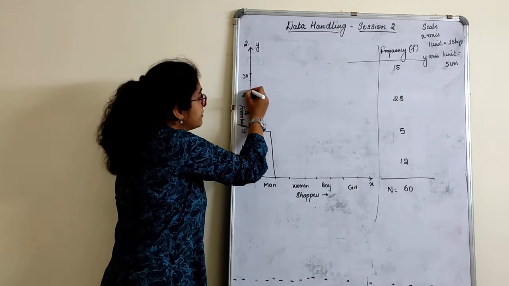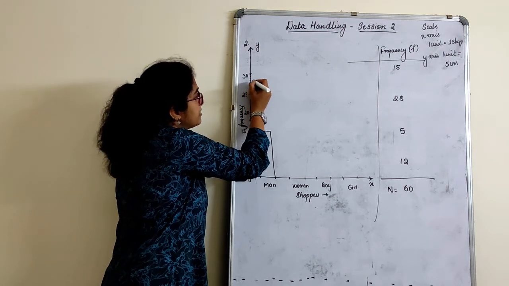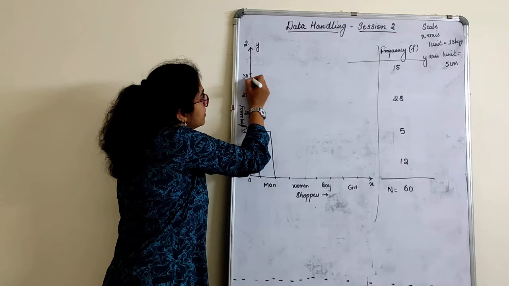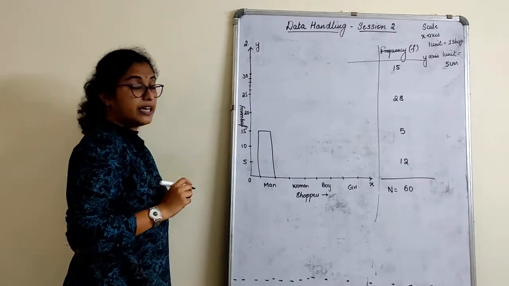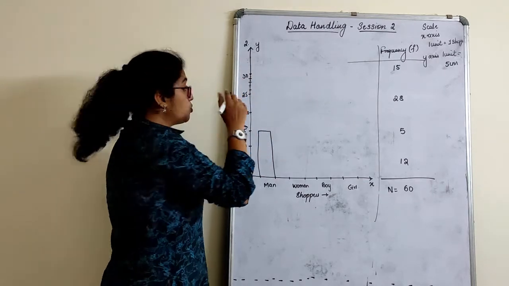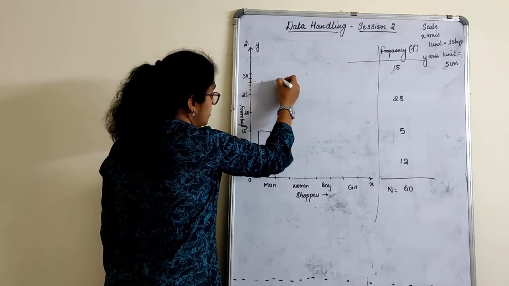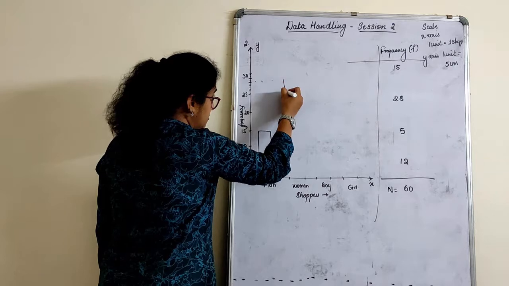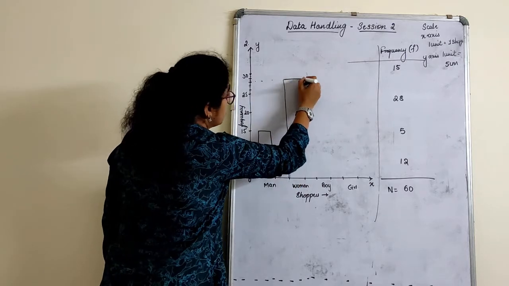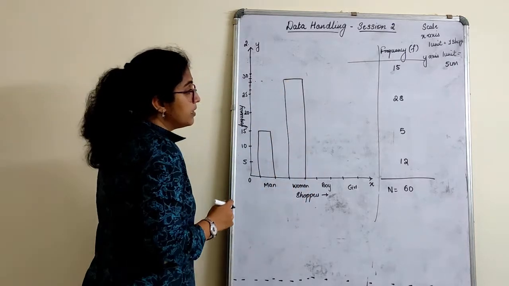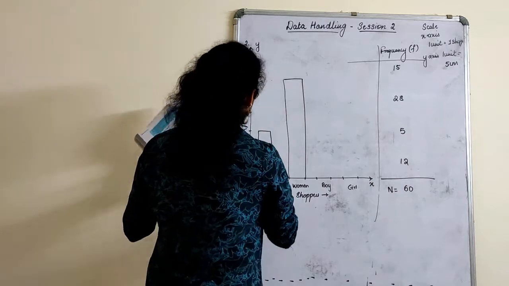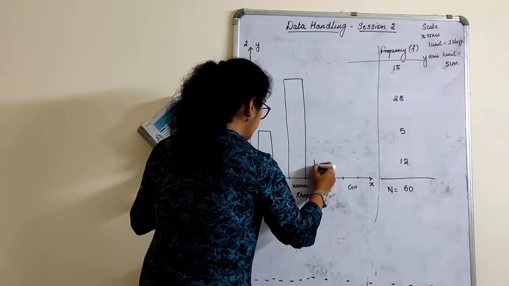This is 25, 26, 27, 28, 29, 30. Okay. In that small box, 2 units. 25, 26, 27, 28 comes here. Draw very correctly. Here it might go. This is women. Then boys, how many do we have? We have 5 that we have here.